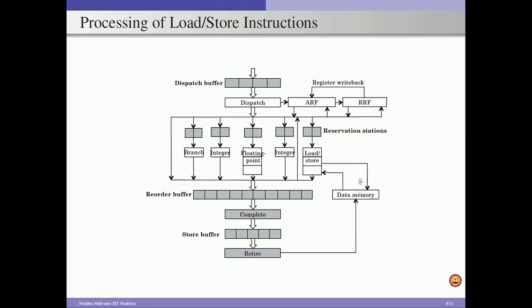This load store unit is connected to the data memory so that it can perform either a read operation or a write operation from or to the data memory. And if it is a store instruction, we already discussed earlier that the data will be written to the memory only when the instruction is processed through the retirement stage.